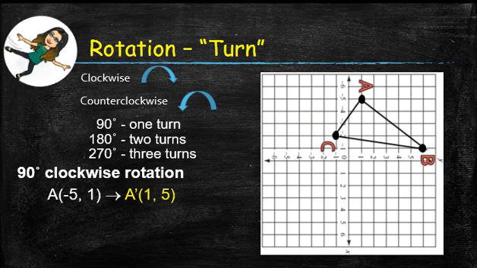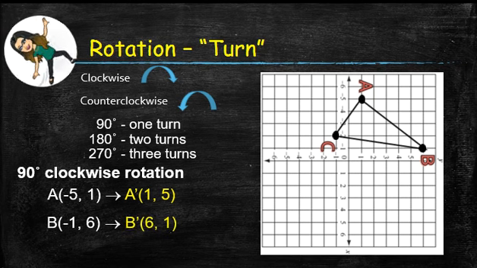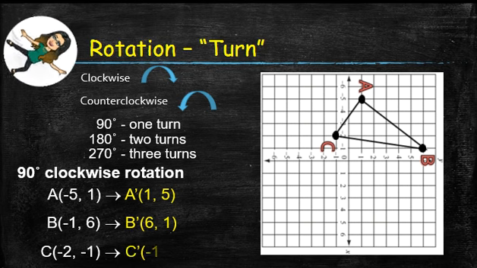So A, which started out at (-5, 1), is now at (1, 5). Point B, when I turn the page, I count over 6 and up 1. So (6, 1) is my ordered pair for B prime, and C prime is at (-1, 2).